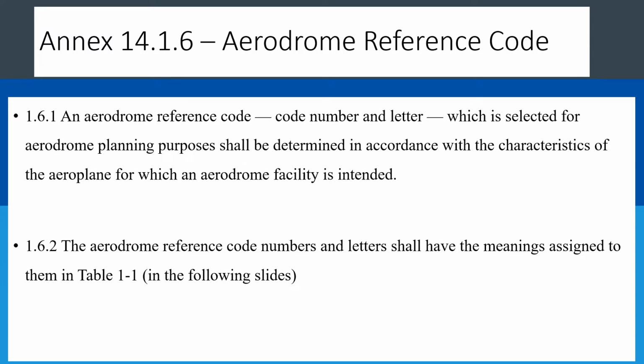So throughout this month, we have been looking at the components that go into determining the aerodrome reference code. We are now putting all of them together for us to have a clear view of what makes up the aerodrome reference code.